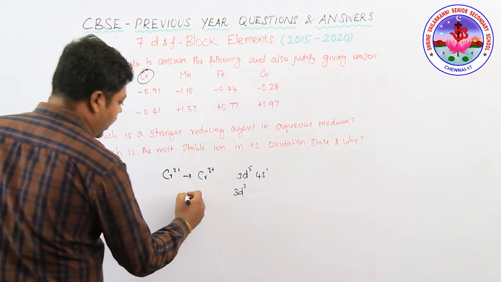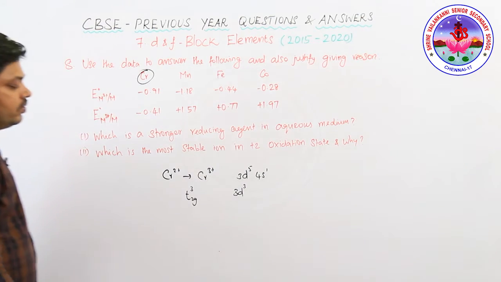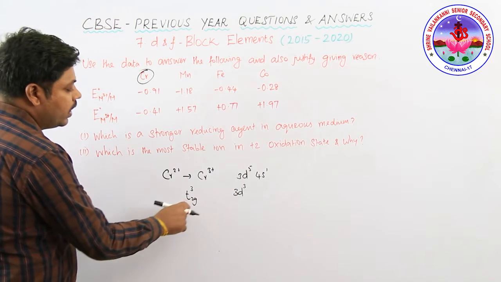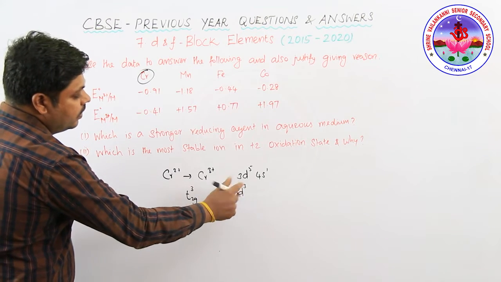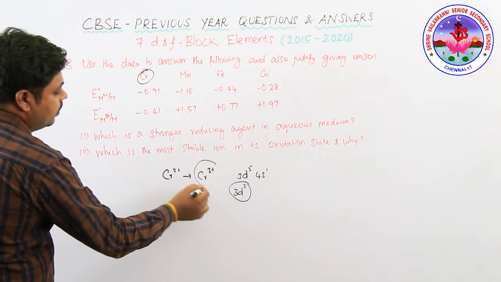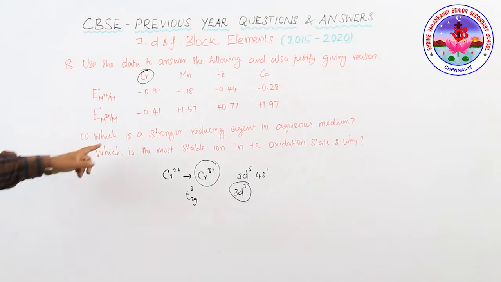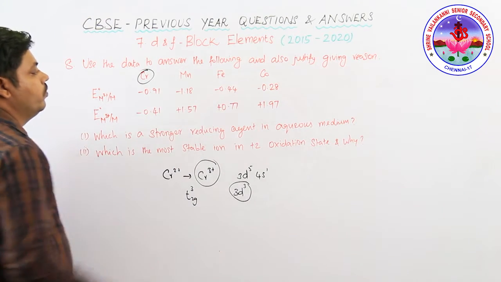That is why it has the half-filled t2g level with 3 electrons. As you know from coordination chemistry, the t2g level has 3 electrons because the 3d3 configuration has only 3 electrons. That is why Cr3+ exhibits this, and chromium is a stronger reducing agent in aqueous medium.